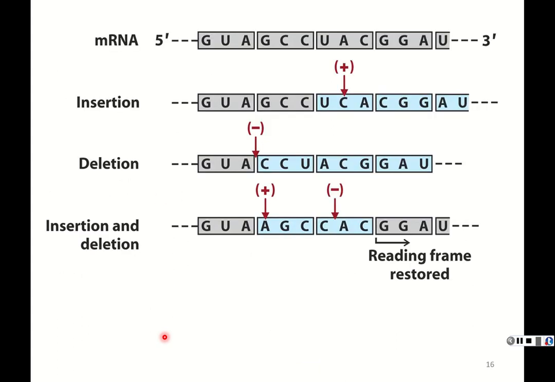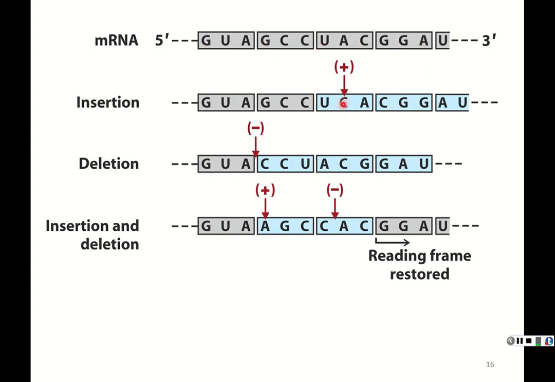So a messenger RNA is read from the 5' to 3' direction when it's translated. Let's say we have an insert of 1 nucleotide. In this code up top, this is our original code.